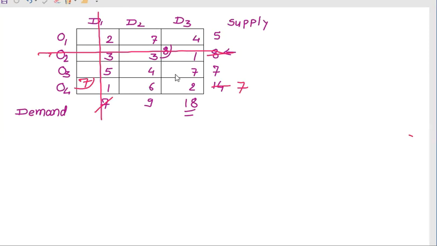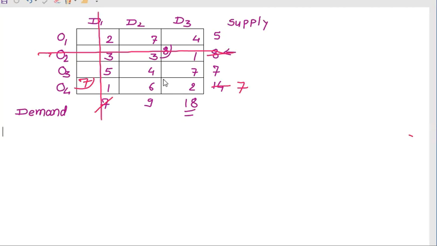Again, select the cell with the lowest cost. Among 7, 4, 4, 7, 6, 2, 2 is the lowest cost. We select this cell and allocate the maximum possible quantity. At this warehouse, 18 units are required and only 7 are available at the fourth factory.